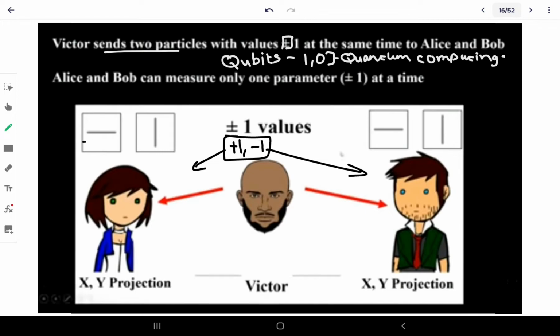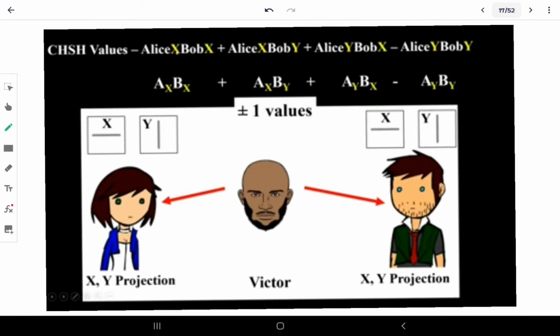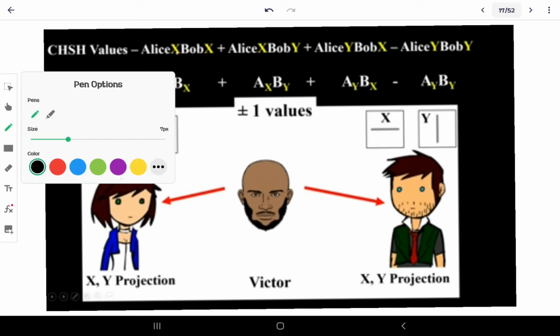So this horizontal detector can detect all the plus, and this vertical one can detect all the minus. Likewise for Bob, it is plus and minus. So this is what they can detect. The possible solutions can be many.